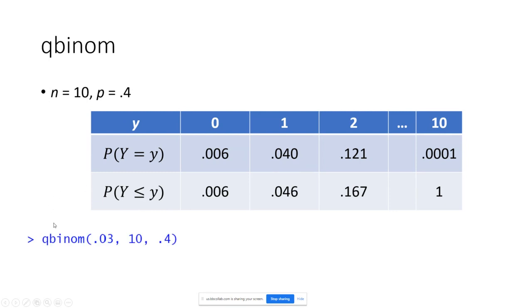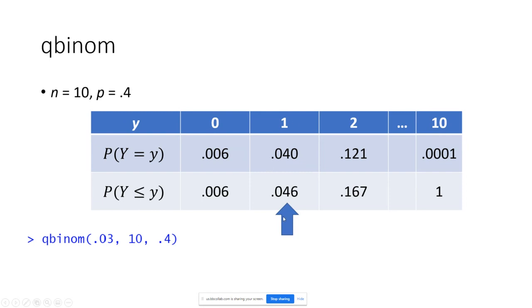So then, if we did, for example, qbinom of 0.03, 10, 0.4, that's saying we want the probability to the left of x to be 0.03.